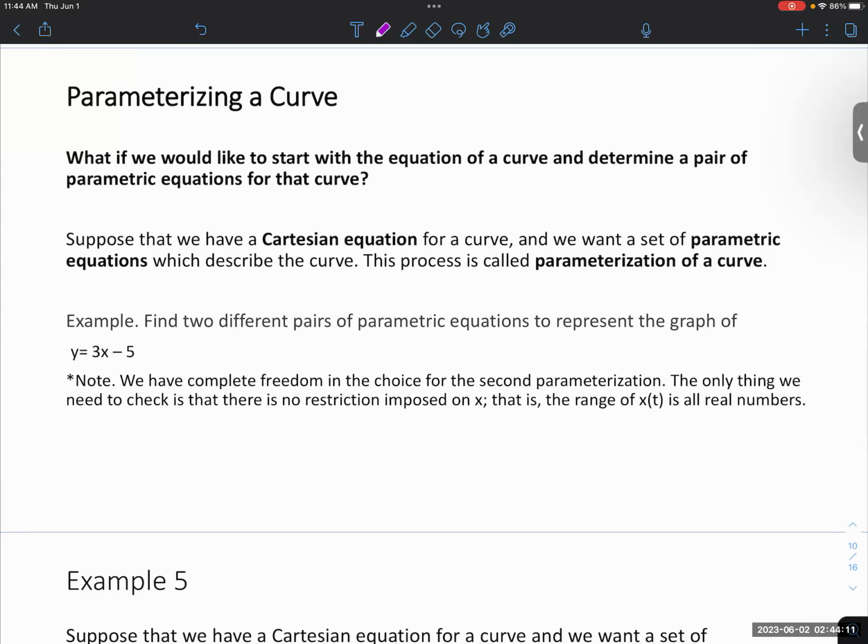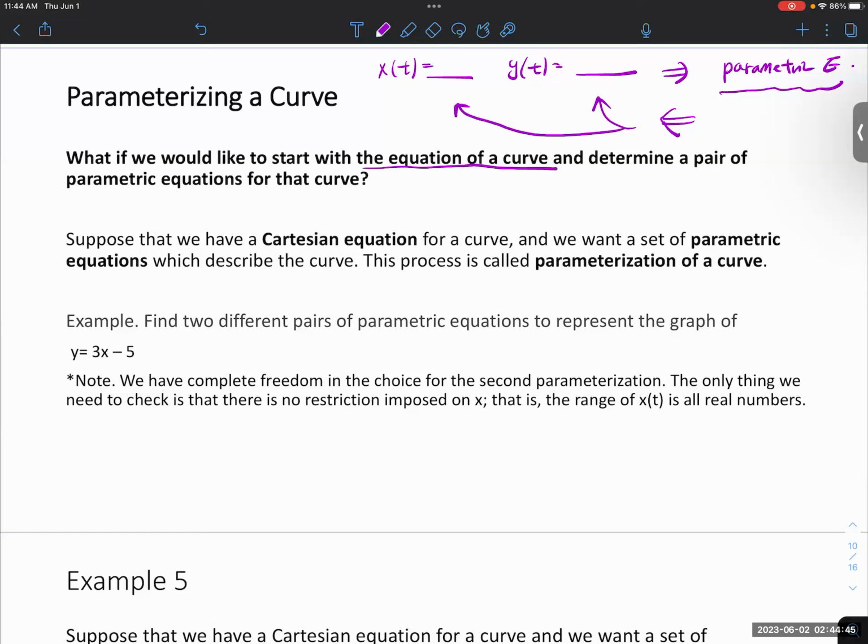What if we start with the equation of a curve, and then you want to find the x and y functions? In this time, I'm going to give you the equation first, and then can you find the x and y functions? Let's think about the backward, okay?